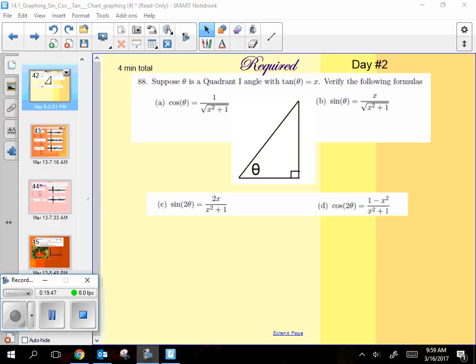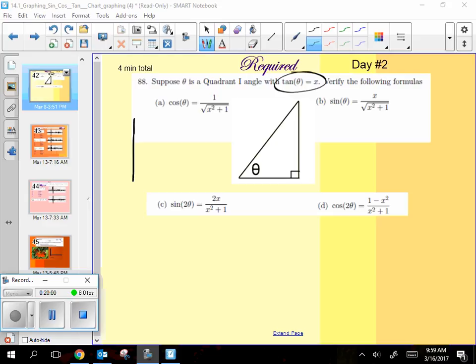Okay, here's the first day of the day 2 homework. Now, this is a lot like what we just did yesterday, where they've told you that tangent is x. So right away, I like to make my triangle in the first quadrant here, and tangent is opposite over adjacent, so x over 1. I could put it as over 1, right?